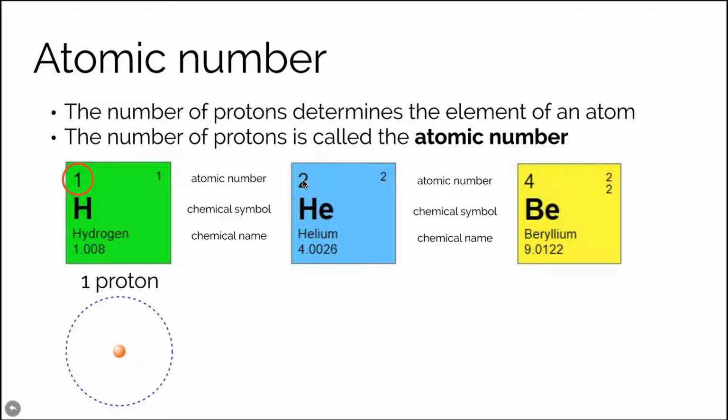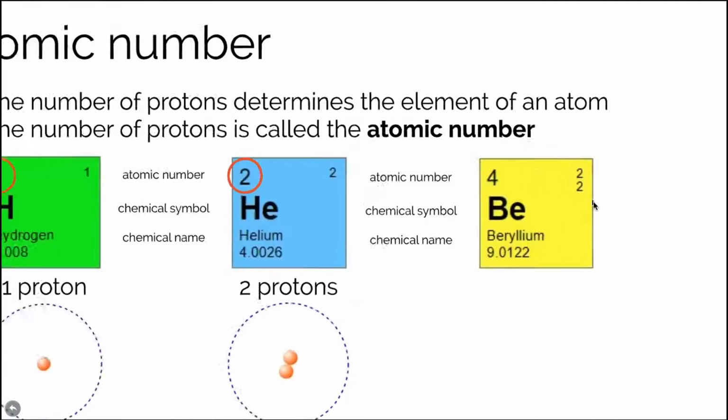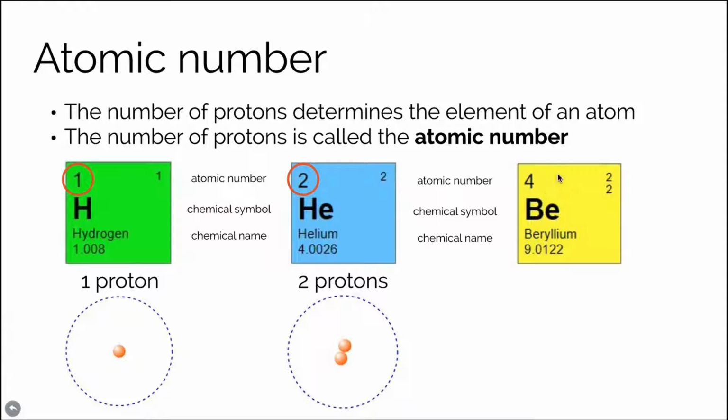For helium, with an atomic number of 2, the model would have 2 protons in the nucleus. And finally, for beryllium, with an atomic number of 4, you can guess what's coming next. We have a model with 4 protons in the nucleus.